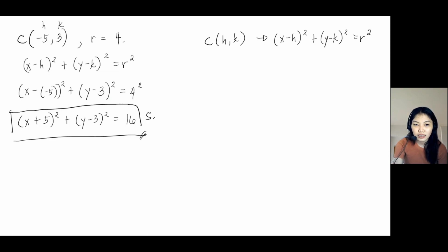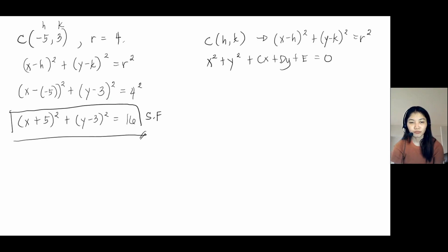Again, this is the standard form of the equation of the circle. Okay po? Okay, so now, what will be the general form? So again, the general form is x squared plus y squared plus cx plus dy plus e is equal to 0.